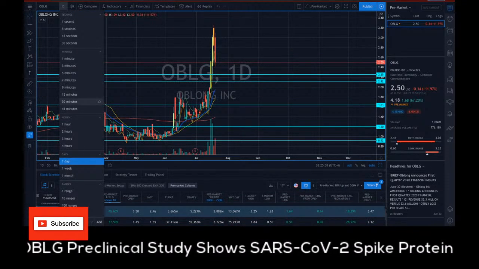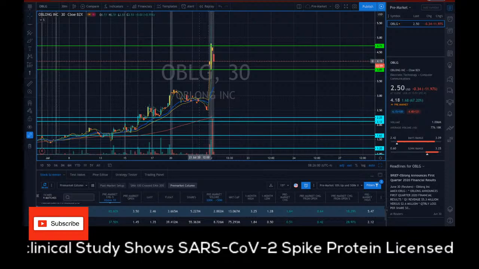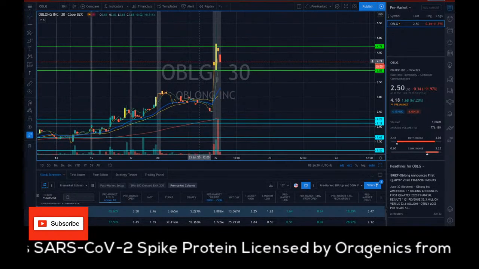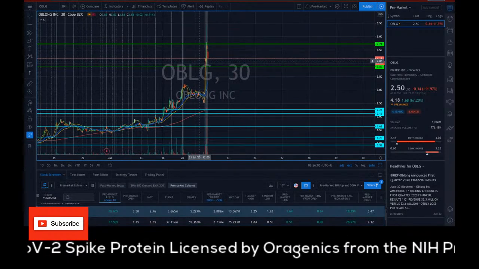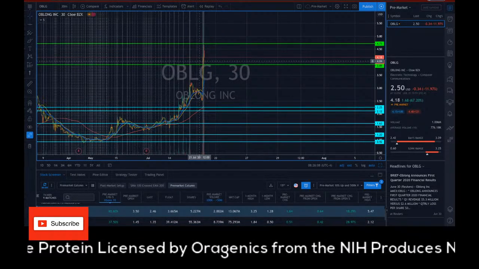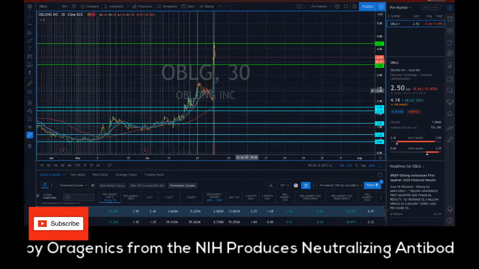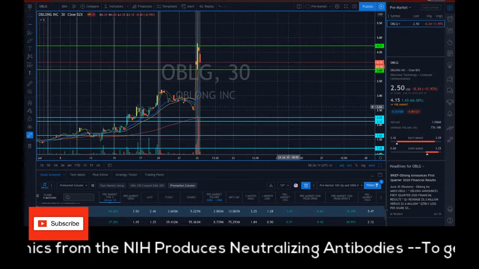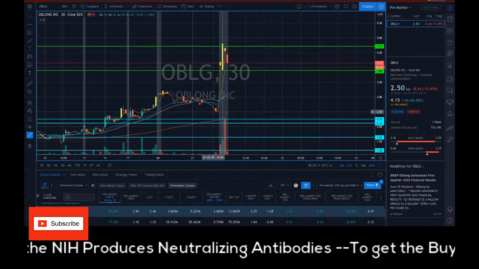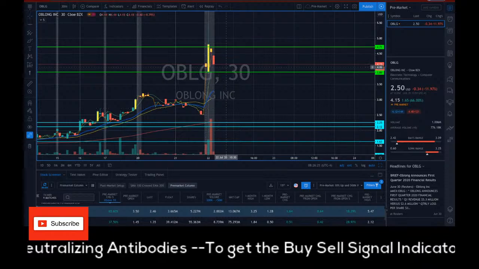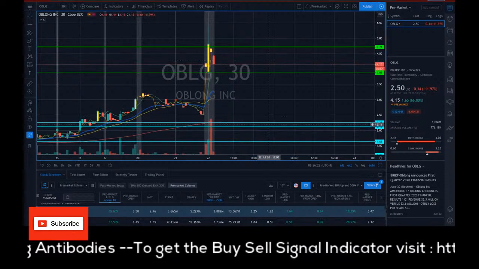Alright, going back to 30 minutes. When we check the previous levels, yeah, I don't see any other support levels here. Maybe here. No. Alright, so this is trading in between 441 and 389.